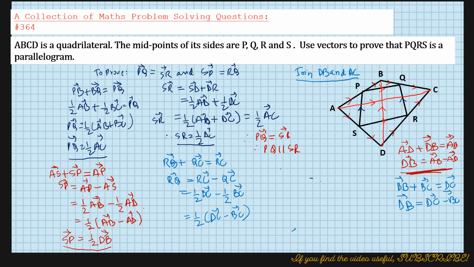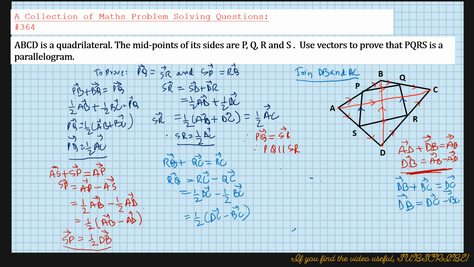So if you do that, you can rewrite these vectors a bit differently. Where on the left side we were taking AB and AD, now we are looking at the right side because it is QR or RQ we are dealing with.